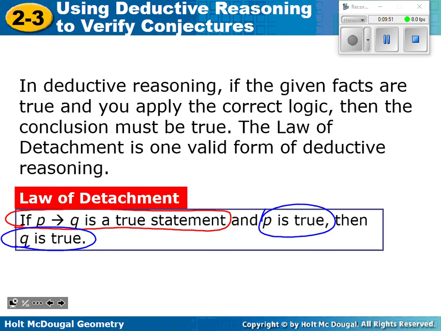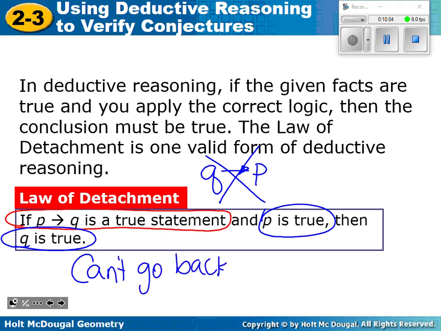No. So the law of detachment does not go backwards. Q does not imply P. You can't go backwards. Just because Q happens does not guarantee P will happen.